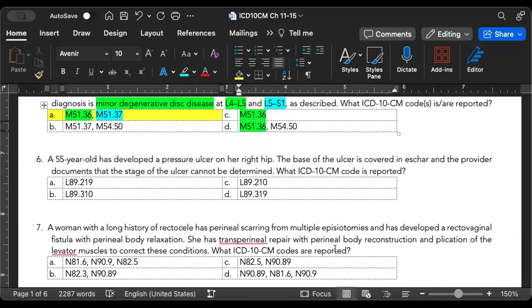Number 6, we have a 55-year-old who has developed a pressure ulcer on her right hip. The base of the ulcer is covered in eschar, and the provider documents that the stage of the ulcer cannot be determined. So our main term in our alphabetic index is going to be ulcer.